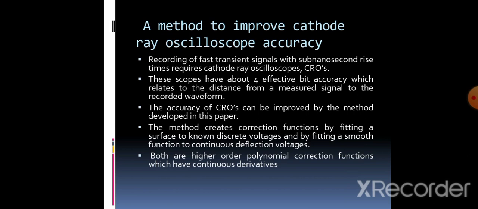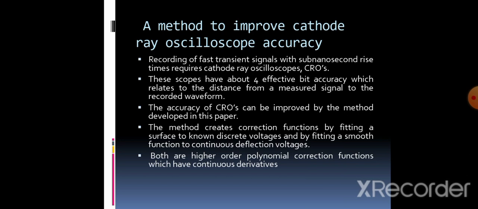Cathode ray oscilloscopes, CROs, have about 4 effective bits of accuracy, which is related to the distance from a measured signal to the recorded waveforms. The accuracy of CROs can be improved by the methods developed in this paper.